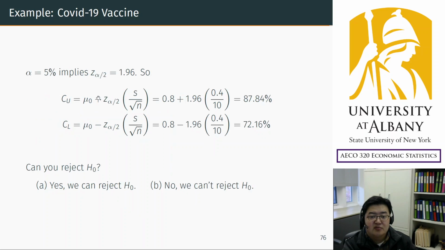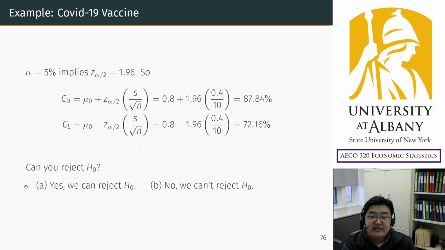Then plug that in: 1.96, 0.4 standard deviation, sample size 100, and the center is 0.8, your hypothesis. So your hypothesis plus or minus this much margin. That means you believe 80%, but in the test you allow plus or minus 7.84 percentage points.